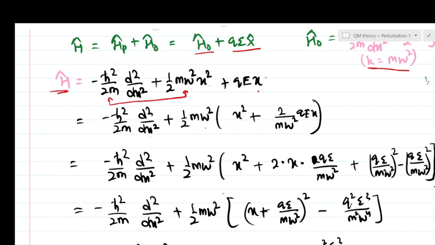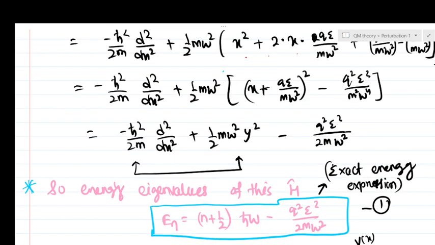As there is a linear term, you have to convert it into a square term, so that is what we are doing. Taking half m omega square common, then x square plus 2ab, with b taken as qE by m omega square; adding and subtracting b square, this makes a square term, x plus qE by m omega square, minus q square E square by m square omega to the 4. So this is the total Hamiltonian.